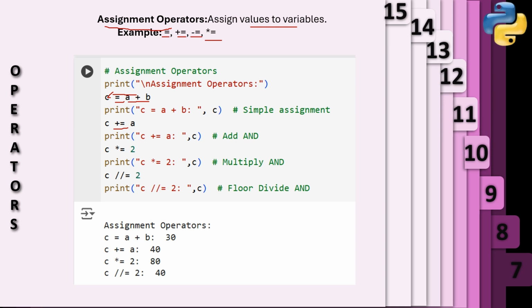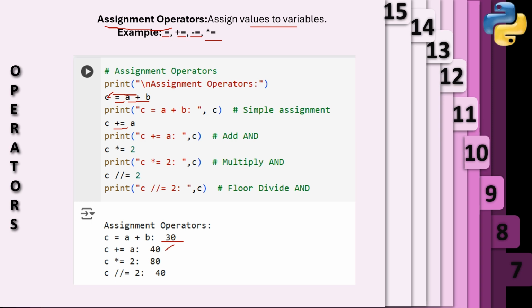Here the left hand operand is C, that is 30, which we got from the first step, and A is the right hand operand, that is value 10. When we add these, C plus A, that is 30 plus 10, gives 40.